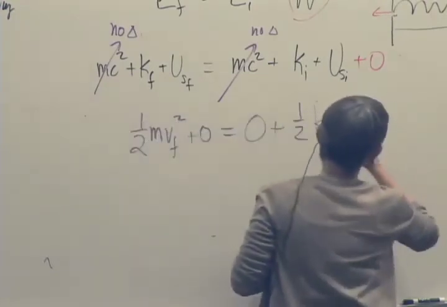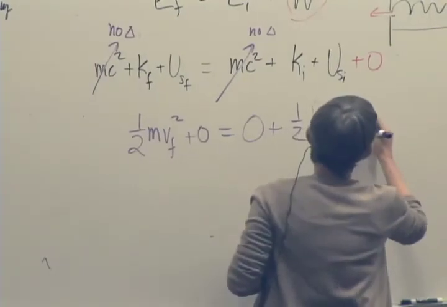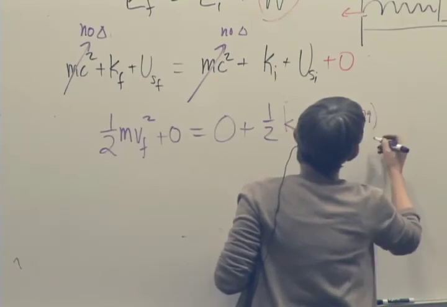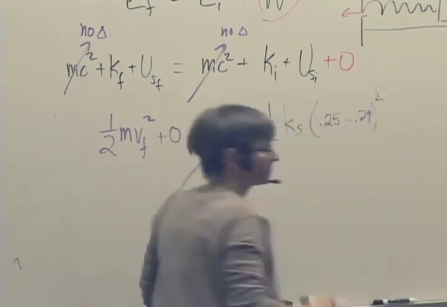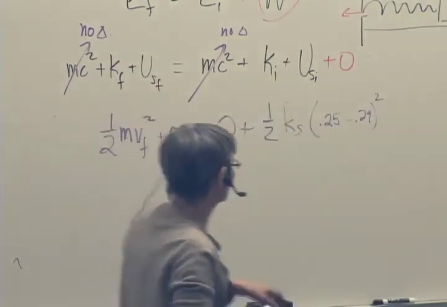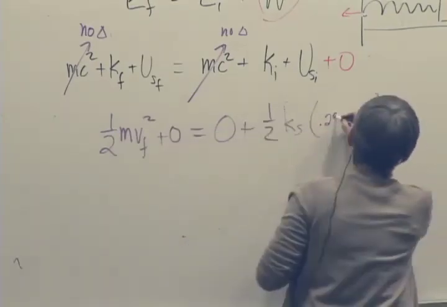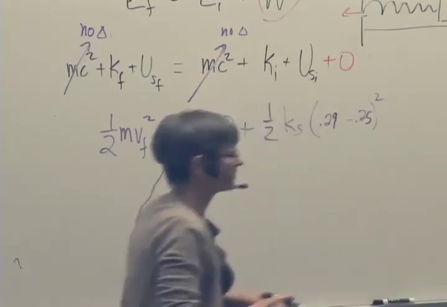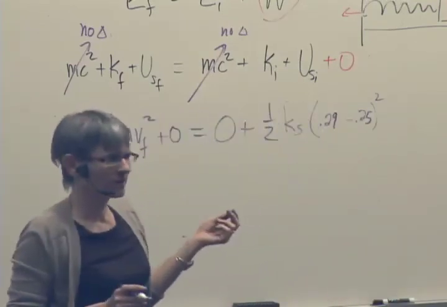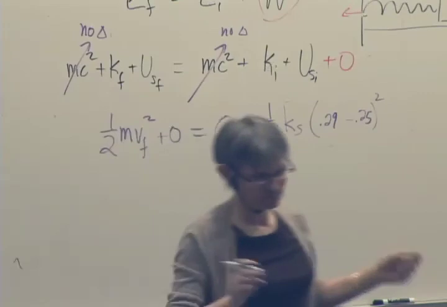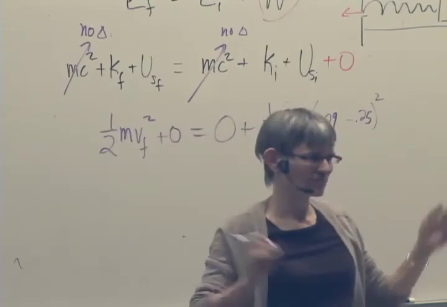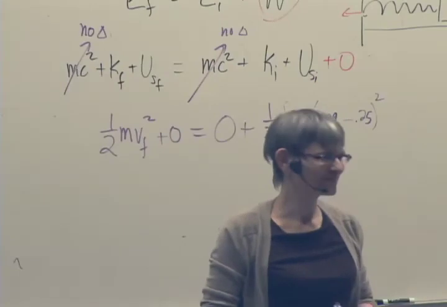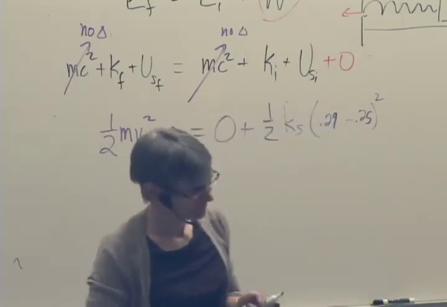Remember, stretch is the current length minus the relaxed length. The current length, yes, you're right. So we started out with 0.29. All right, and so then we solve it and get some number. Probably 1. Was it 1? 1. Okay.